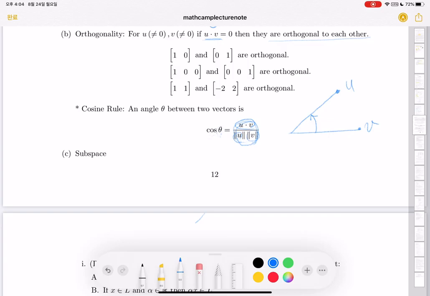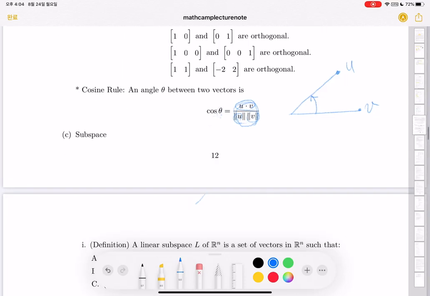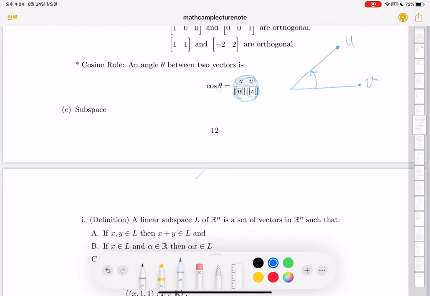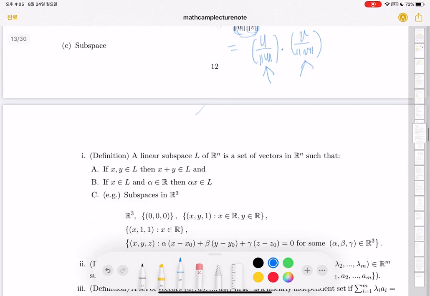This is u over its norm and v over its norm, so this is normalized u and normalized v. The inner product of normalized vectors is the cosine of the angle between the two vectors.